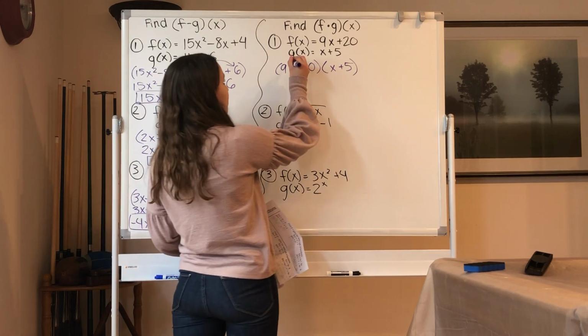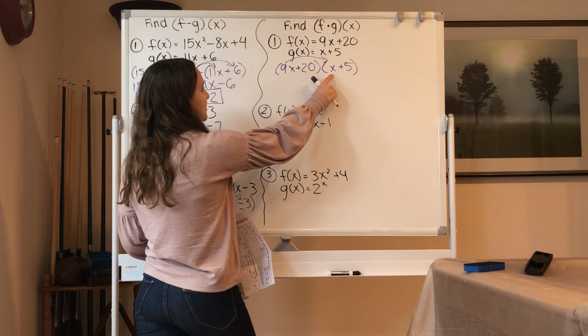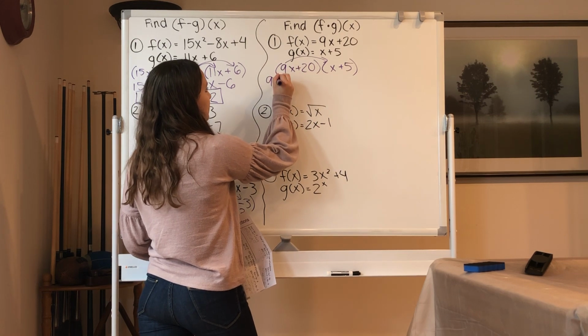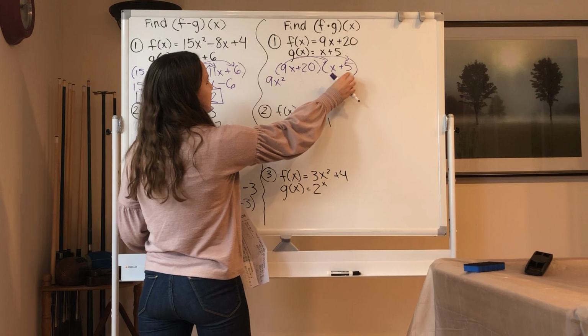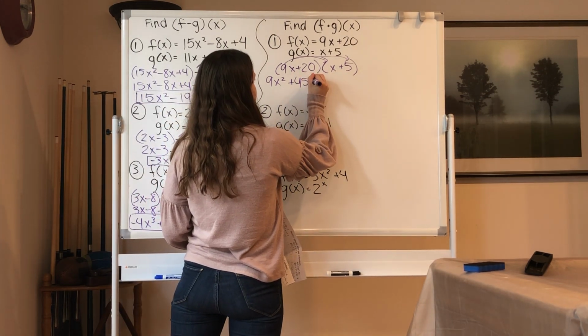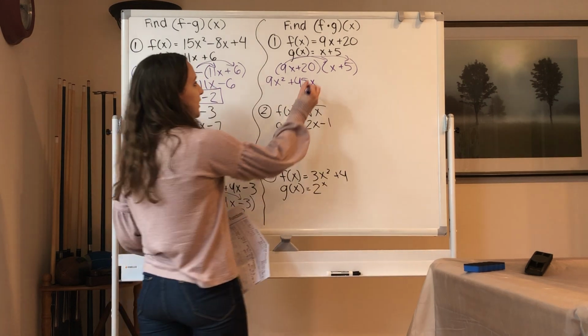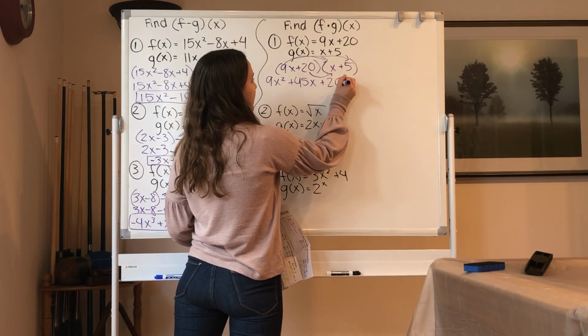So remember, FOIL is first. 9x times x is 9x squared. Outer: 9x times 5 is positive 45x. Inner: 20 times x is positive 20x.